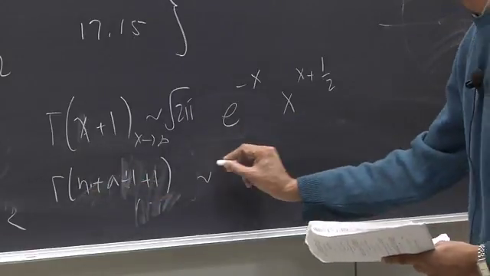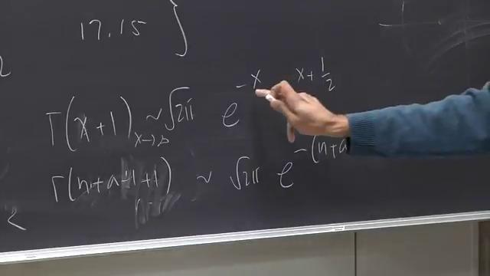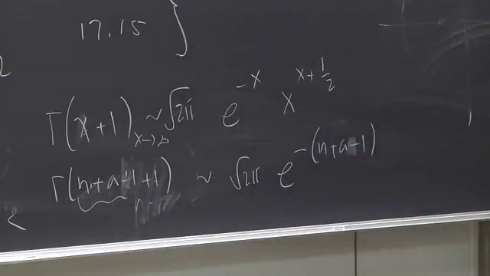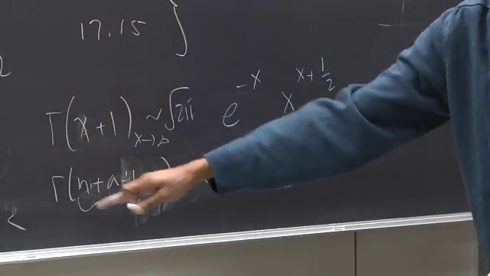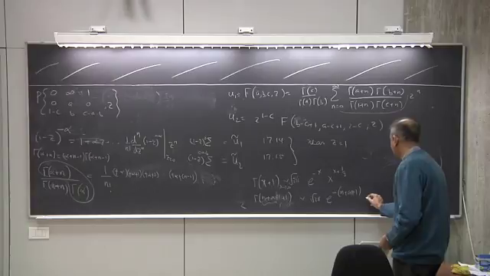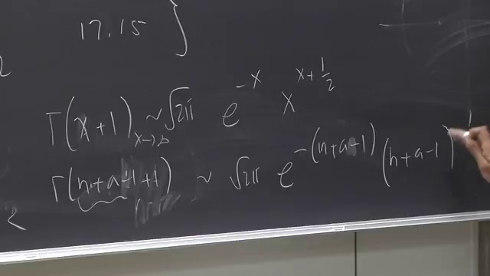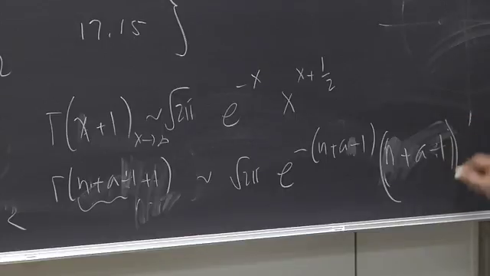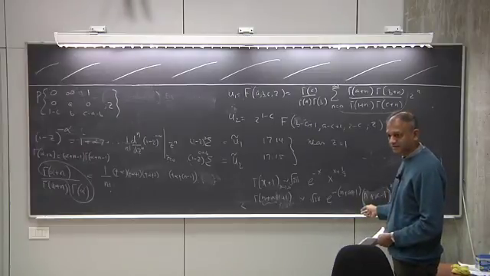This behaves like root 2 pi e to the minus n plus a minus 1. Because a is something fixed, when x goes to infinity it is the same as n going to infinity. And then you have n plus a minus 1 to the power of n plus a minus 1 plus half, so minus half. This is the general behavior.